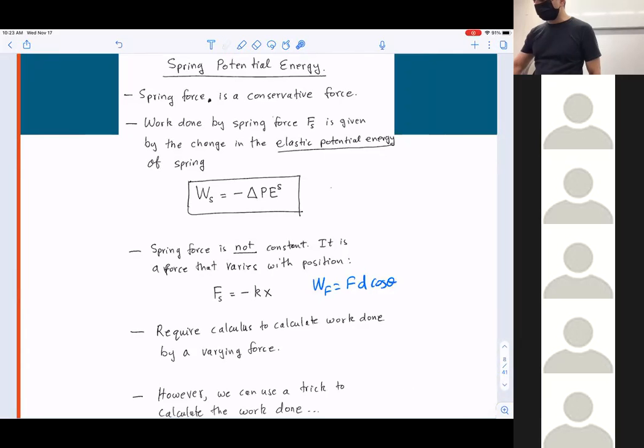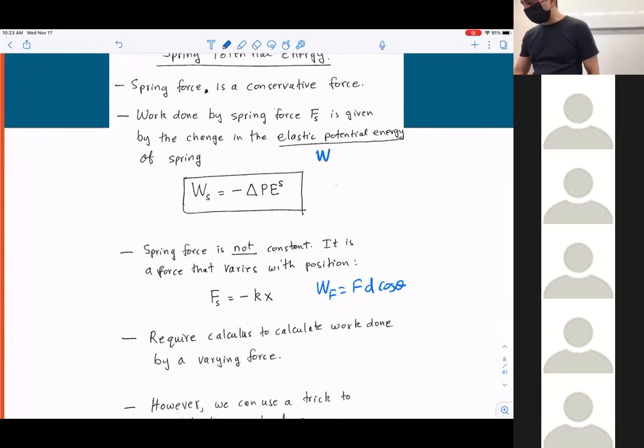So again, just to give you the analog in gravity, the work done by the gravitational force is minus the change in the gravitational potential energy. And remember that the gravitational potential energy was a function of y, which was mgy.